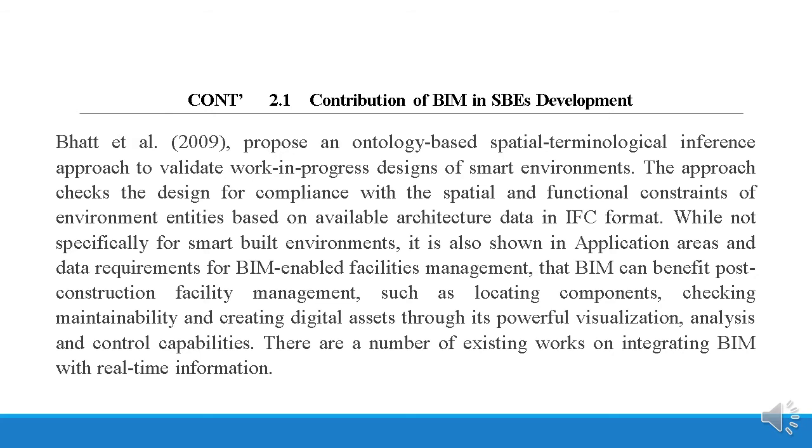Bhatt et al. 2009 proposed an ontology-based spatial terminological inference approach to validate work in progress design of smart environments. The approach checks the design for compliance with the spatial and functional constraints of environment entities based on available architecture data in IFC format.